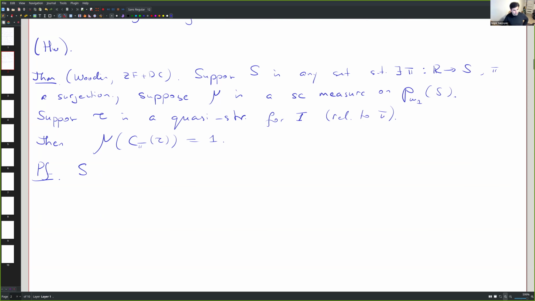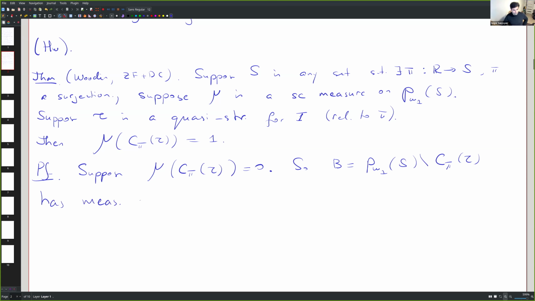All right, so suppose mu, so B equals P omega 1 of S minus C pi tau has measure 1.